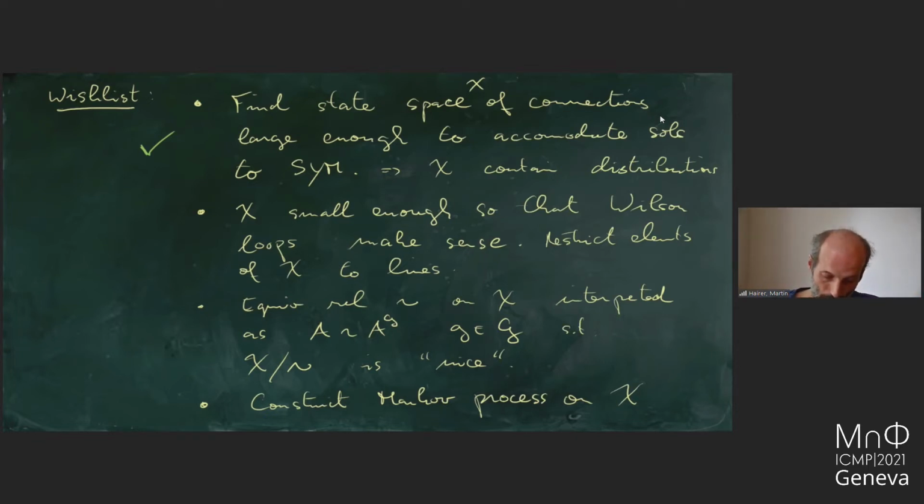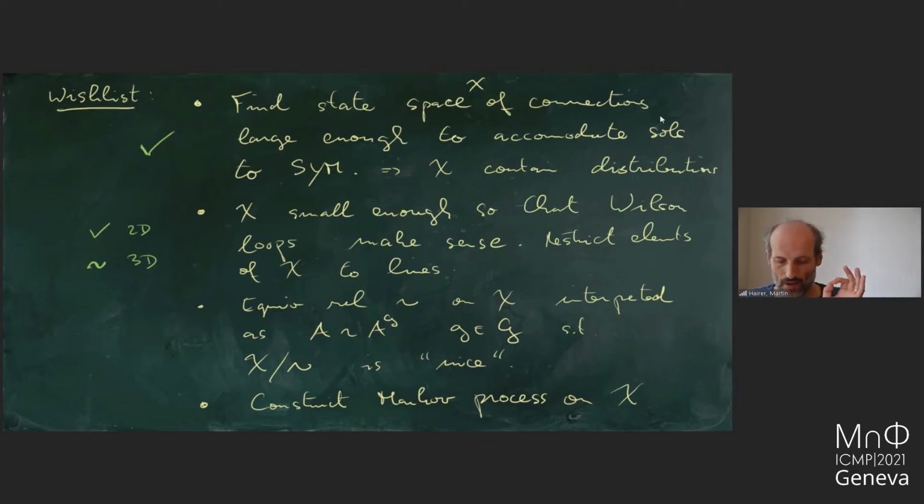The second one is fine in 2D, and it's sort of almost fine in 3D, in the sense that in 3D you don't actually expect Wilson loop observables to make sense, because even the free field just cannot be restricted to lines in 3 dimensions.